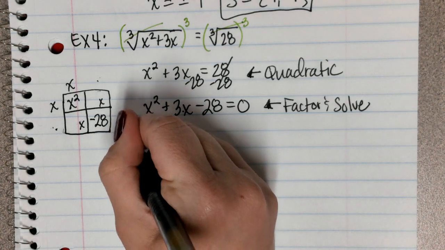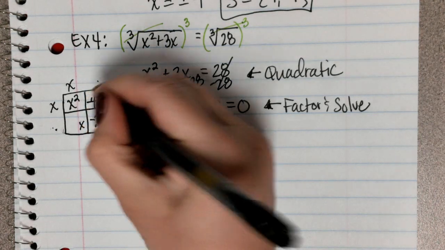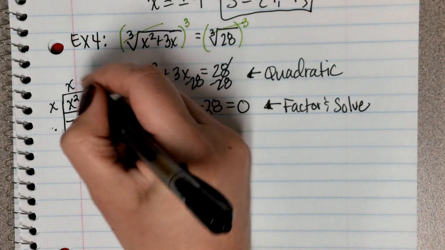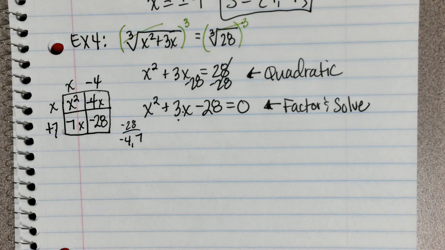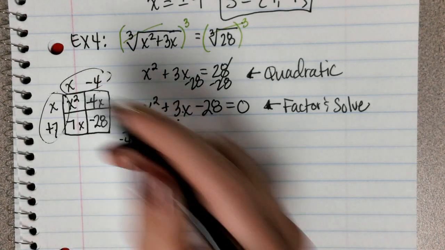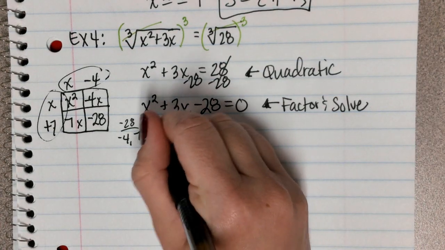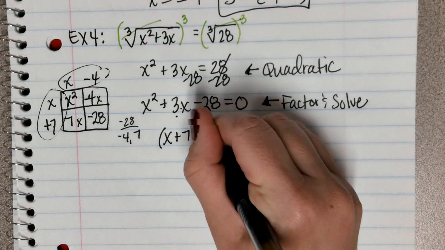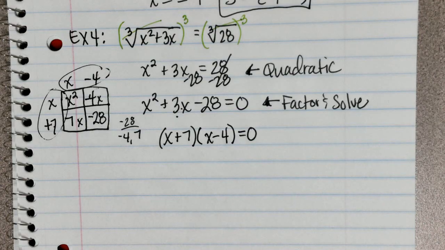It'll be negative 4 and positive 7. It doesn't matter where they go. Then I fill out the rest of my sides. These are the factors, not the answers. So I have one factor that's x plus 7 and another that's x minus 4 equals 0.